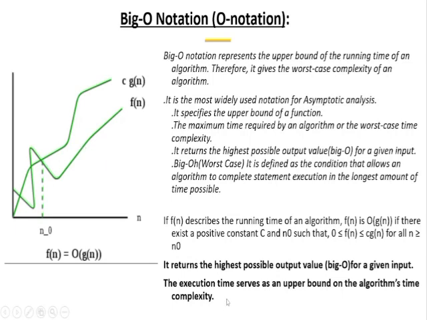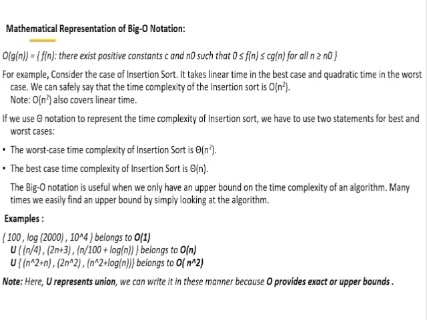It returns the highest possible output value, big O, for a given input. The execution time serves as an upper bound of the algorithm's time complexity. Mathematical representation of big O notation: Big O g of n equals f of n. There exist positive constants c and n0 such that the equation holds.